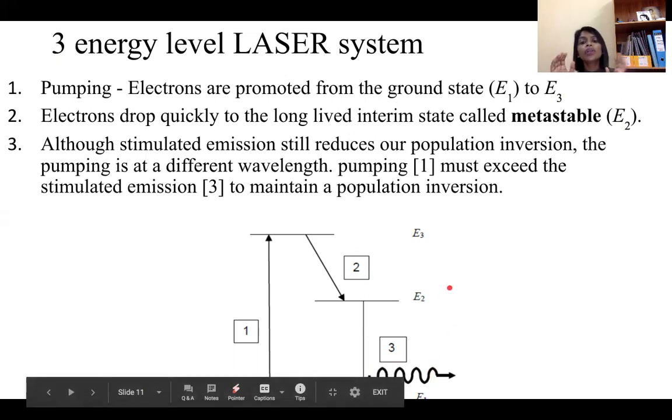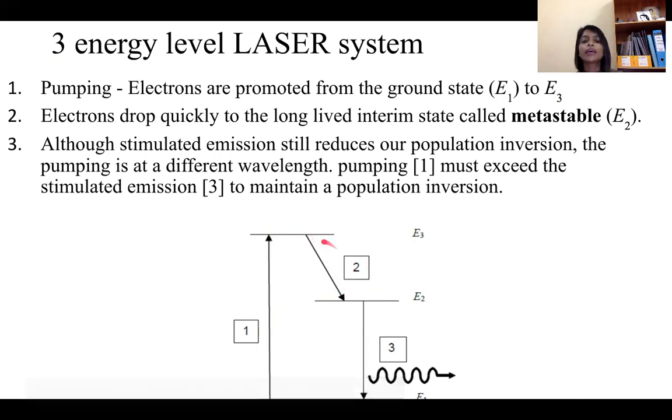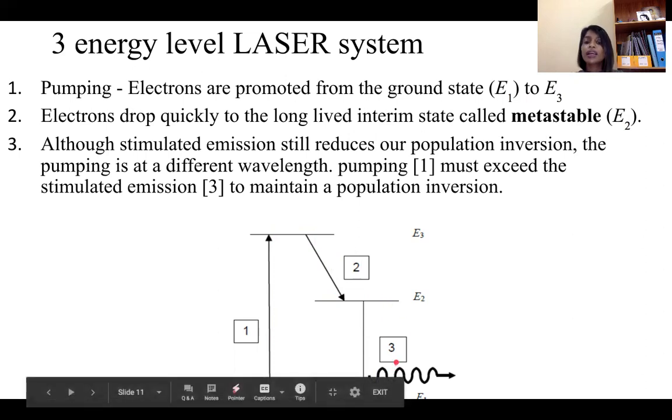Now, how are we going to achieve population inversion here? Electrons in the ground state are quickly excited to E3, then they quickly drop to E2. And by doing that, what happens? E2 will be crowded soon, because the drop from E2 to E1 takes time.